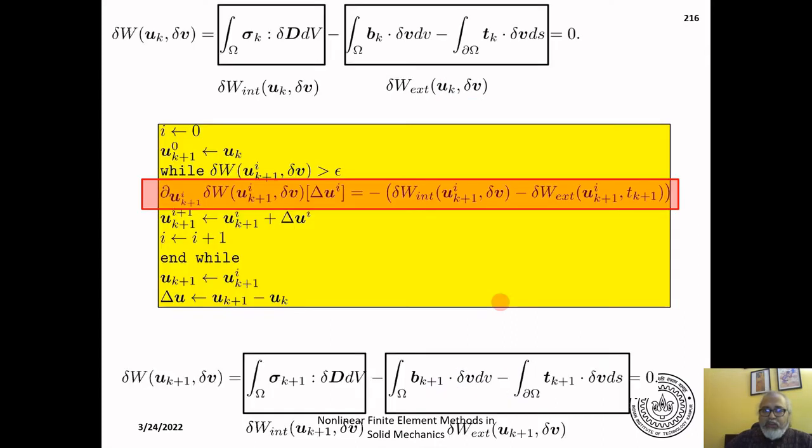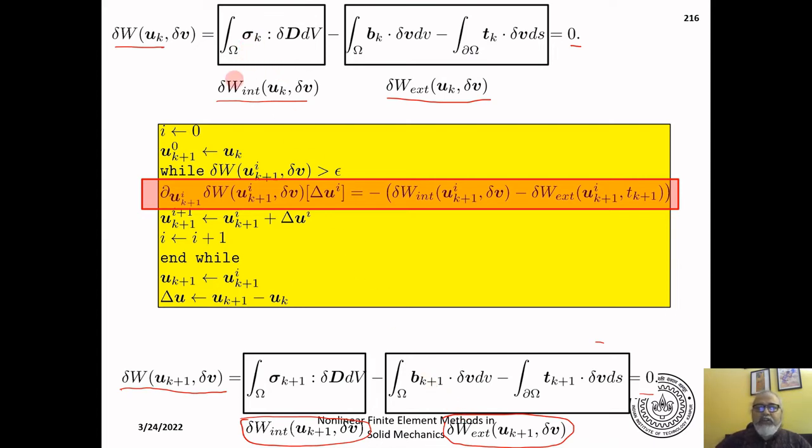This equal to 0 is something that I have already achieved, so this internal virtual work is equal to this external virtual work. uk is known. Now I want to achieve this del w equal to 0, so I want this internal virtual work with uk plus 1 to be equal to this external virtual work.